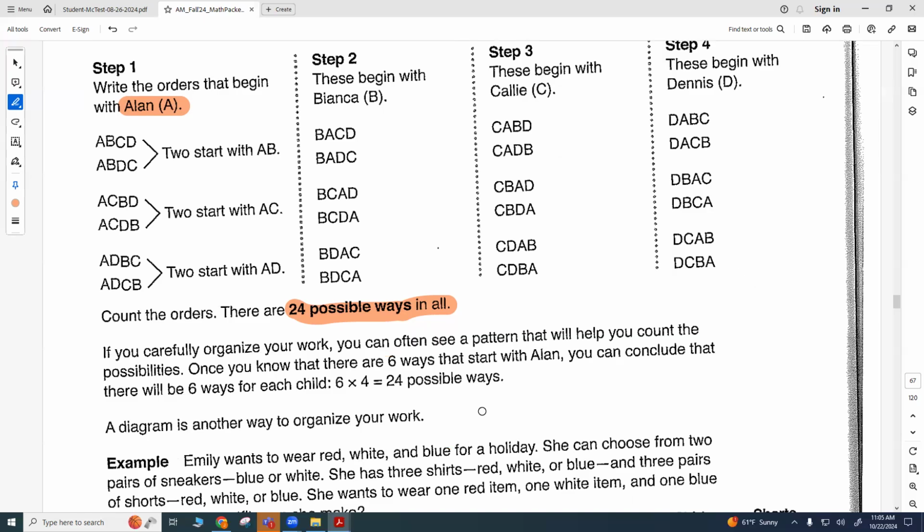If you carefully organize your work, you can often see a pattern that will help you count the possibilities. You always want to think about how you want to organize it. Once you know that there's 6 ways that start with Alan, you can conclude that there will be 6 ways for each child. And since there's 4 total children, that gives us a total of 24 possibilities.